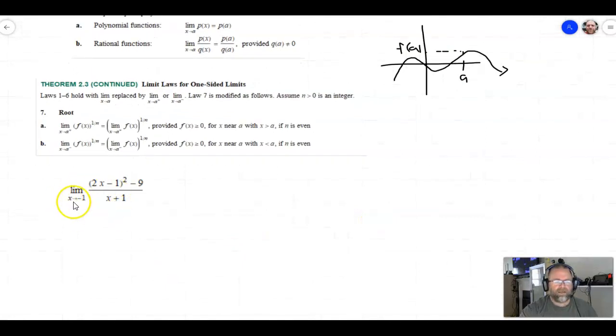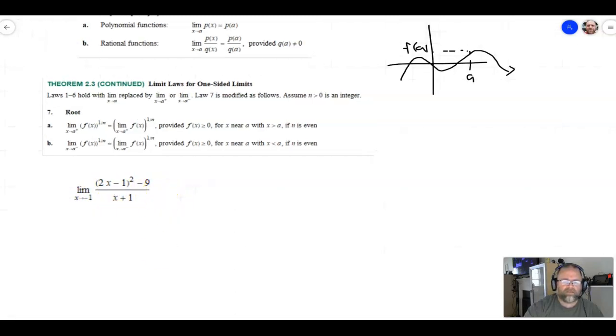All right, so here we have a limit. It says the limit as x approaches -1 of (2x minus 1) quantity squared minus 9 over x plus 1, and we want to find out what the limit of this is. Now the first thing that we really want to do here, since we have a polynomial over a polynomial, is just go ahead and plug in the -1 in the top and the bottom.